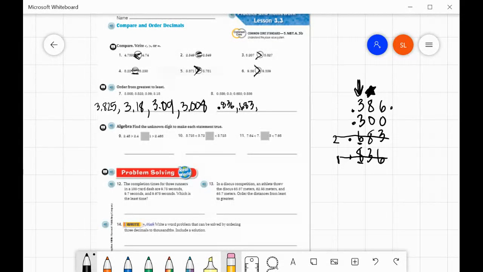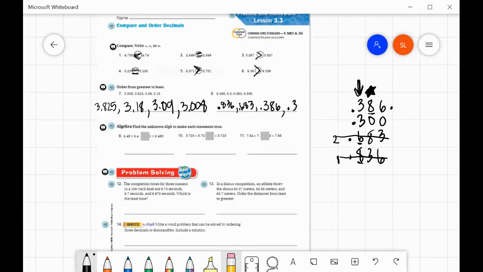So this one, 8 is larger than 0. So 0.386 or 386 thousandths is larger than 0.3, 3 tenths. So our answers from largest to smallest are right there.